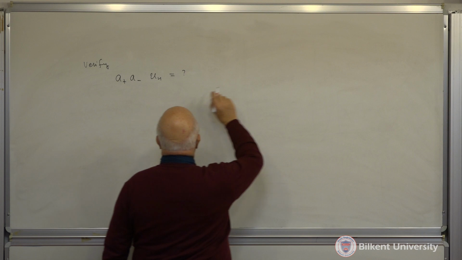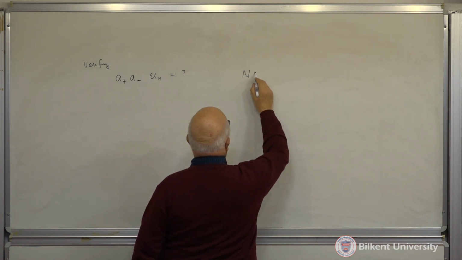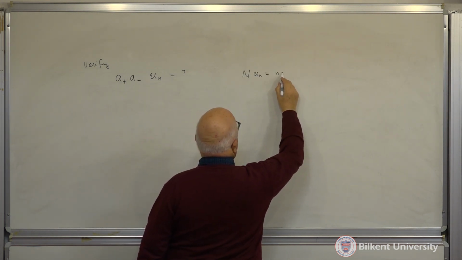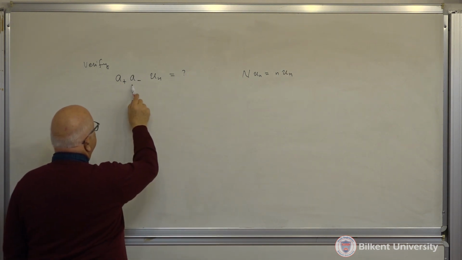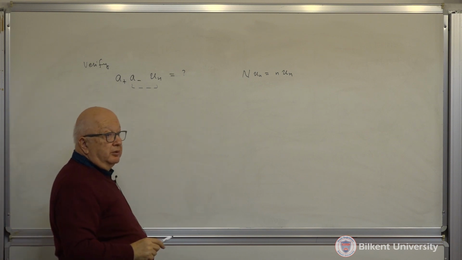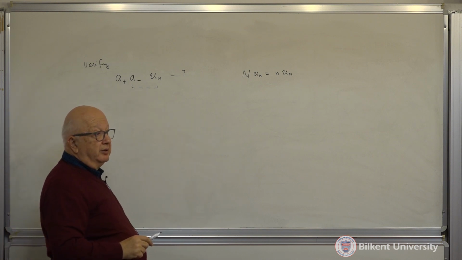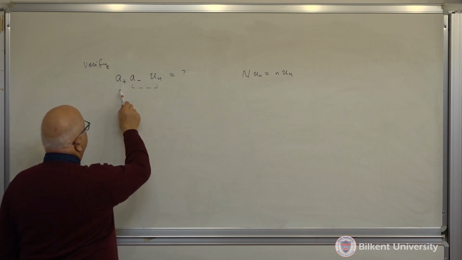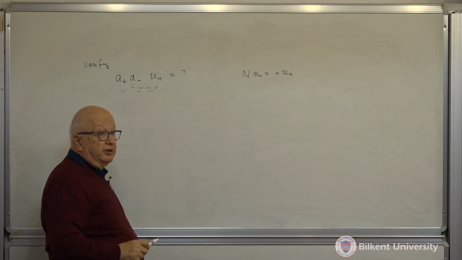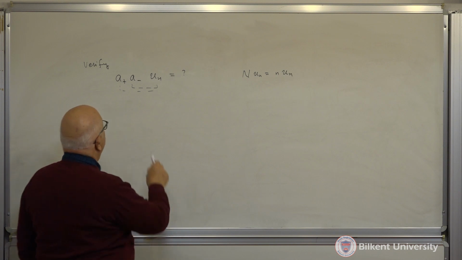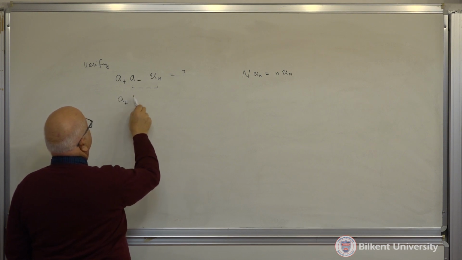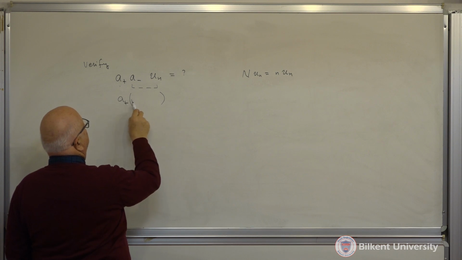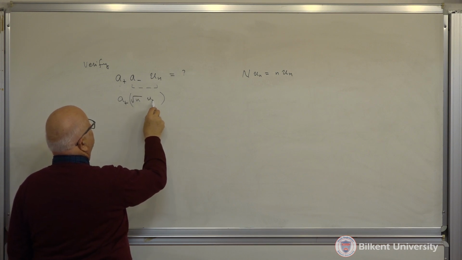So I know that this is really equal to n times un, so it has to be n times un. That's what's going to come out. But let's do the following. Let's first operate with this and get that result, and then we operate again and get the next order result. This is going to be a plus times a minus un. What is a minus un? It's square root of n times un minus 1.